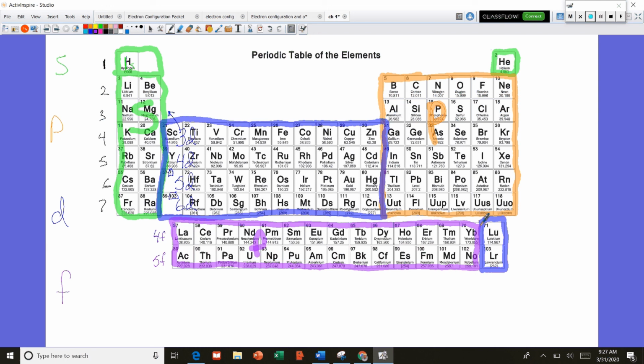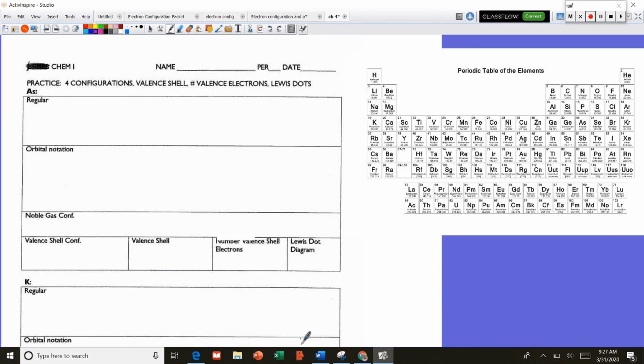So, all right. Now let's put this into some practice. You should have a copy of these sheets on Google Classroom. If not, you can draw the little box. But I'm going to try to make sure that we have these sheets available for you, and you can print them out and do this.